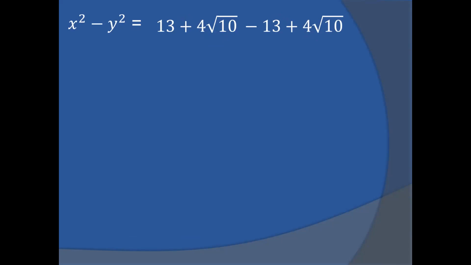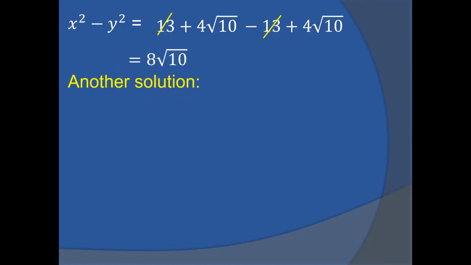Because I multiply the negative by y power 2. 13 will be negative because negative times positive equals negative, and 4 root 10 will be positive because negative times negative is positive. 13 cancels with 13, so the answer will be 4 root 10 plus 4 root 10 equals 8 root 10.